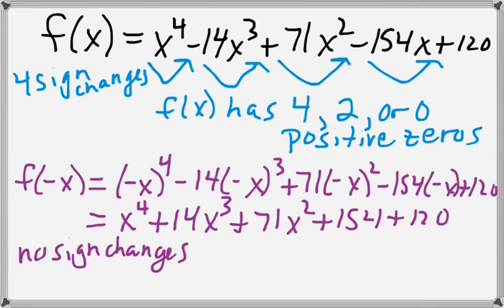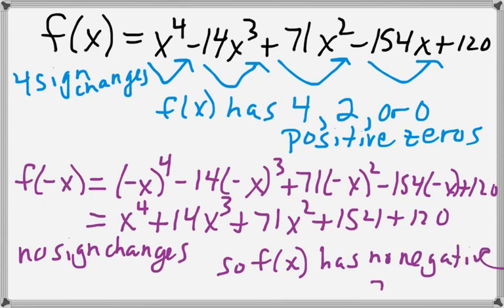And that means our original function f has no negative zeros, because the number of negative zeros is either the number of sign changes or less than that by an even number. Well, we can't go negative, so f of x, the original, has no negative zeros.